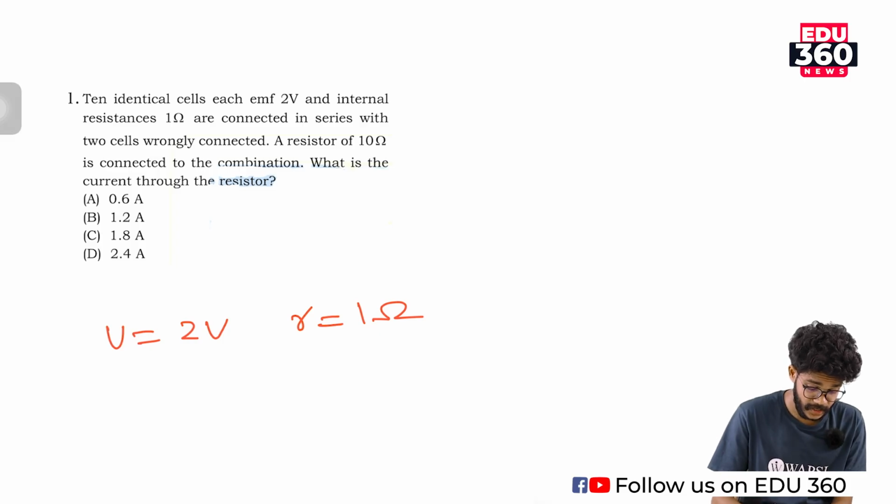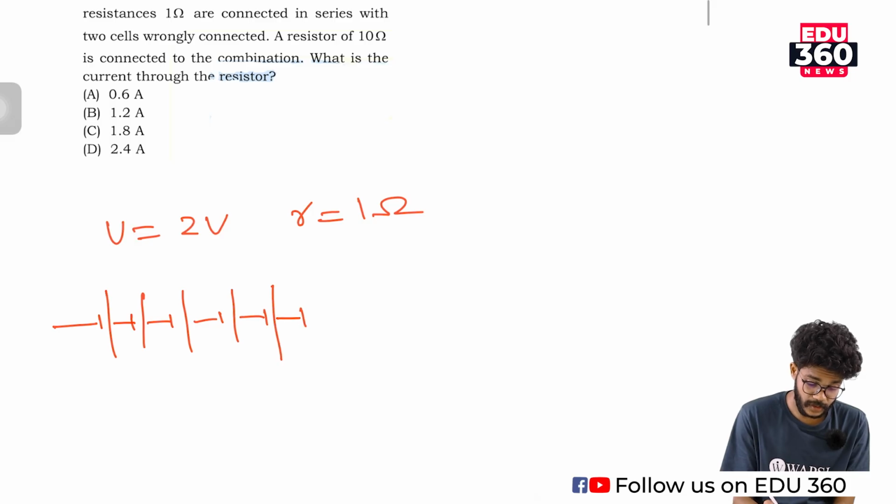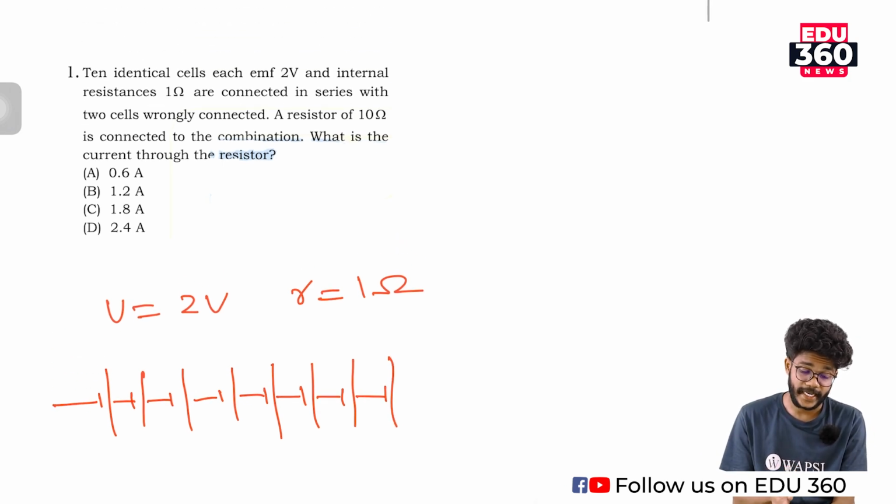That means in series. So this is the first one, the second one, third one, fourth, fifth, sixth, seventh, eighth, and out of these 10 cells 8 are correct and 2 are wrongly connected.